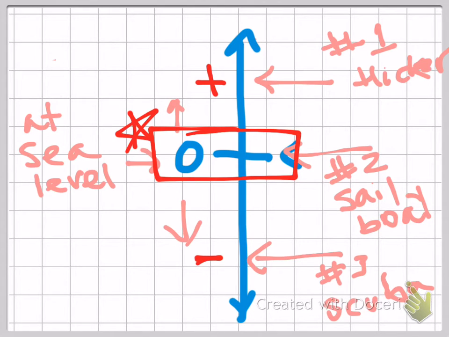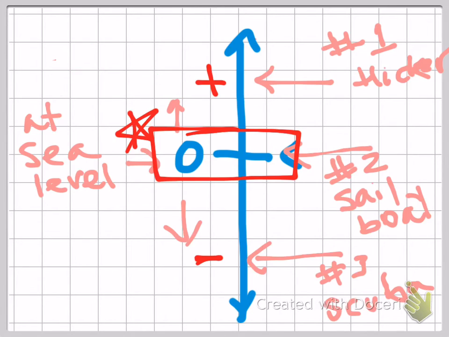Now, things like elevation, going back to your notes, elevation can mean the height of a person, or it can be a place or a thing above or below a certain point. So in this case, what would be the reference point? Going back to this, the reference point would be sea level.